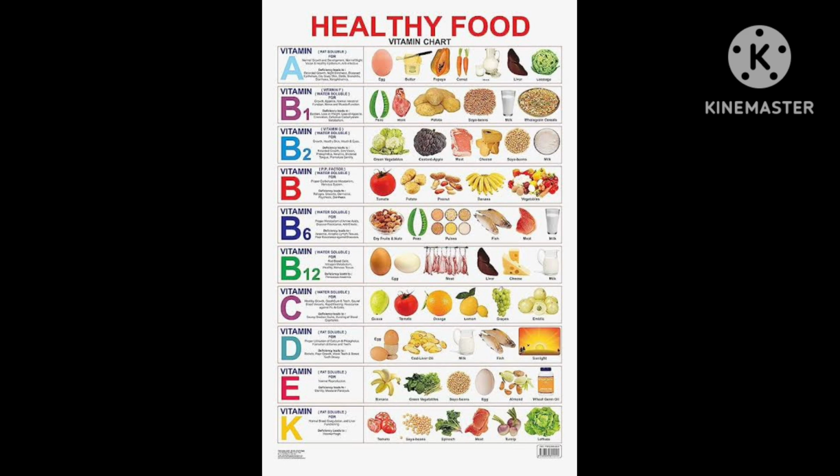You remember, for this heredity, two things are required. First, chromosomes, and chromosomes depend upon what? Chromosomes are made up of two things, proteins and nucleic acids. See how important this is.